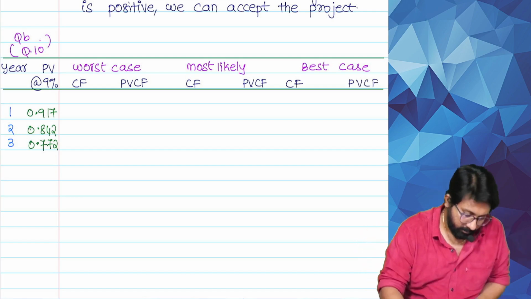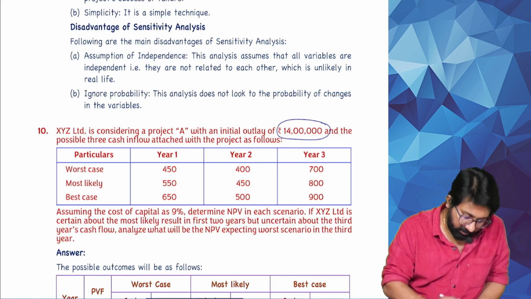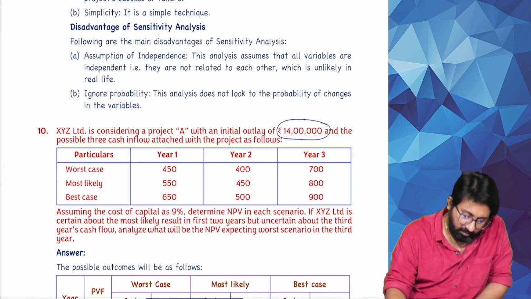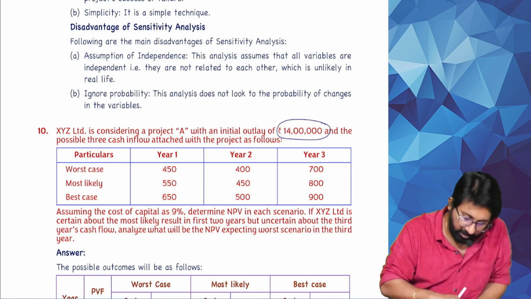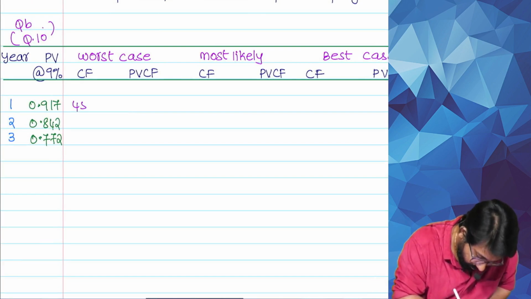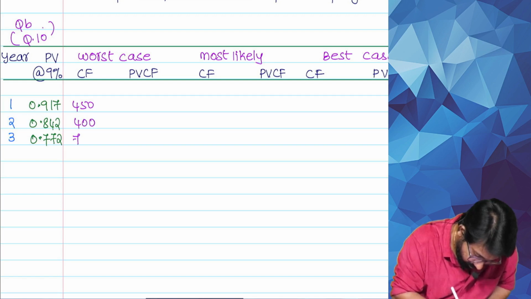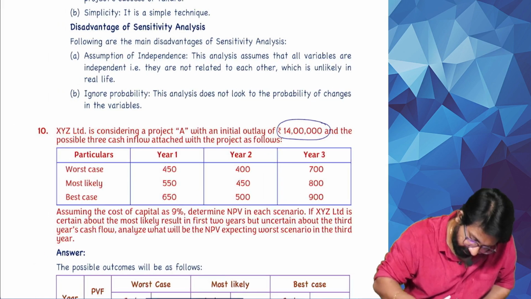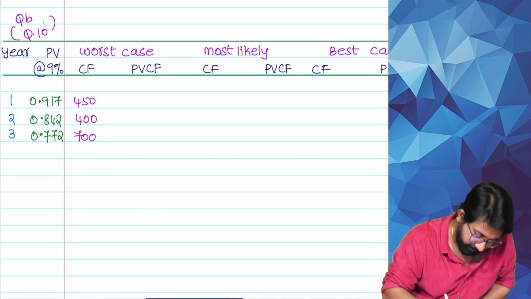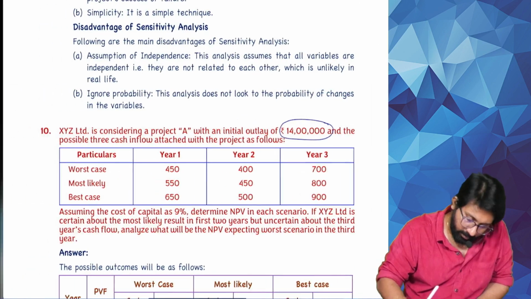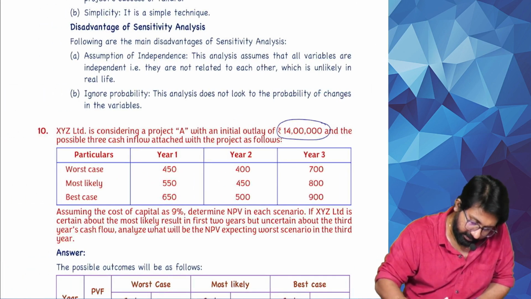They are given in thousands, so directly write down like this. Tell me the worst case scenario: 450, 400 and 700. Write down. Then 550, 450, 800. Next, 650, 500, 900.